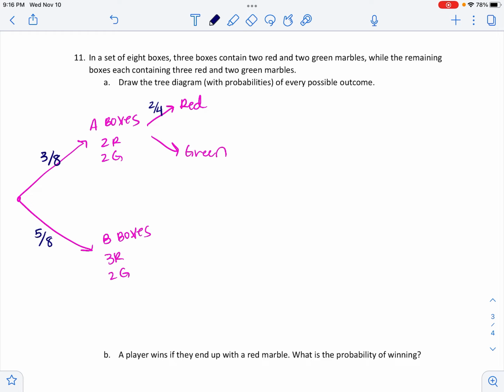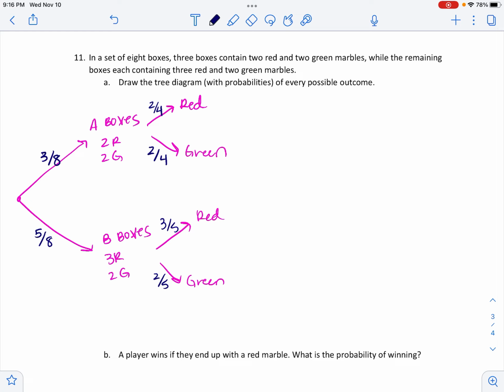And the same with green. There's 2 green marbles out of 4. For the B boxes, same thing. I could choose a red marble or I could choose a green. And what's the probability? Well, there's 3 reds out of 5 marbles total, or there's 2 greens out of 5 marbles total.